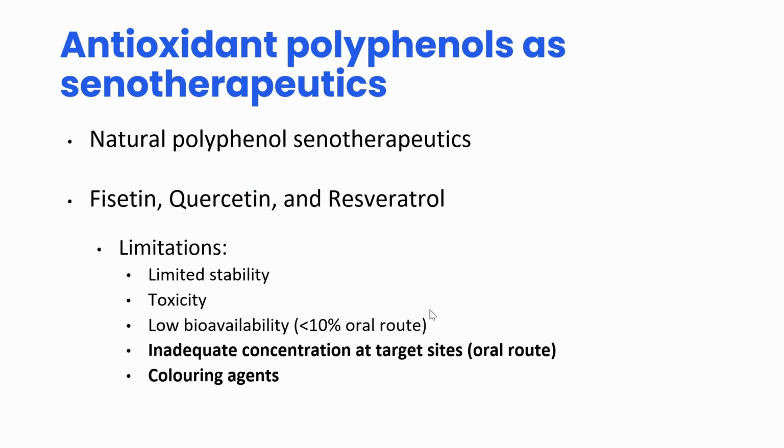Antioxidants as polyphenols in xenotherapies. Most natural polyphenol xenotherapies, such as phenicin, quercetin, and resveratrol, are all very useful, but they have their limitations. One is that they have limited stability, some toxicity when taken orally, and they tend to have low bioavailability when taken orally as well.